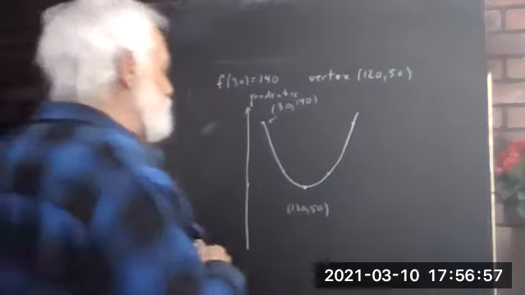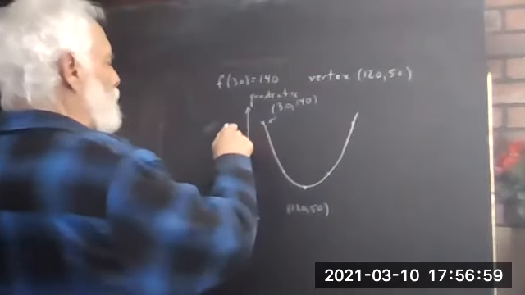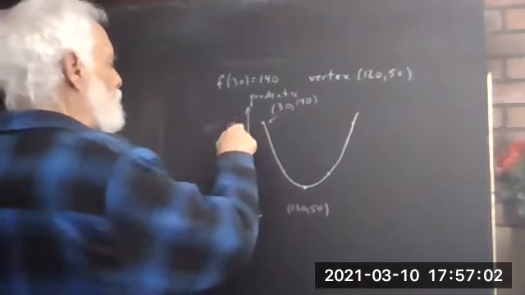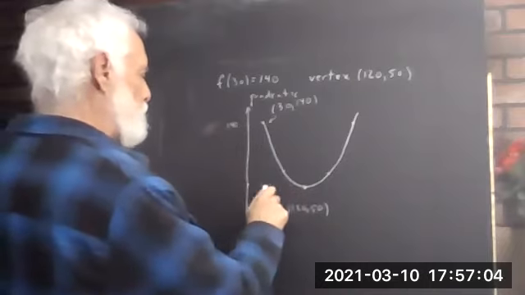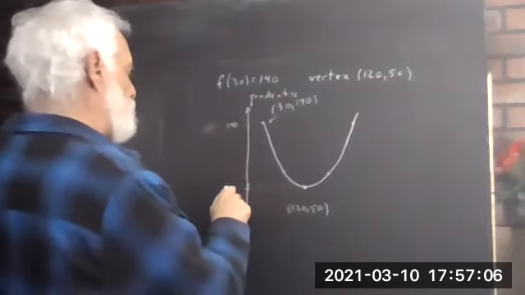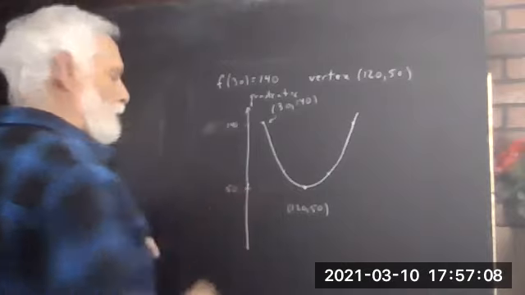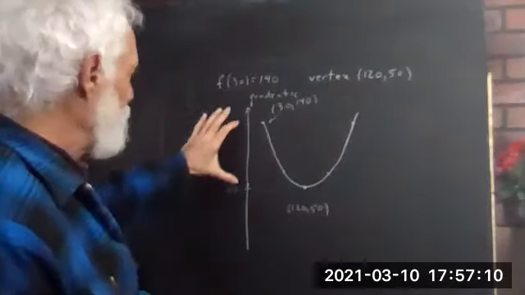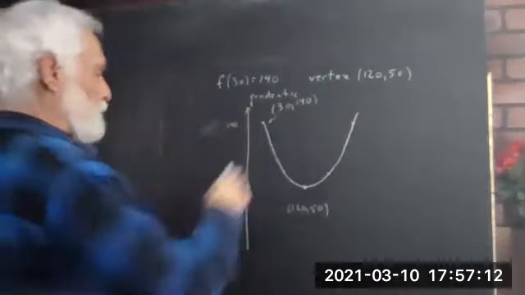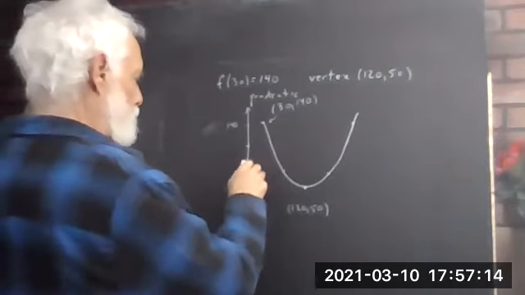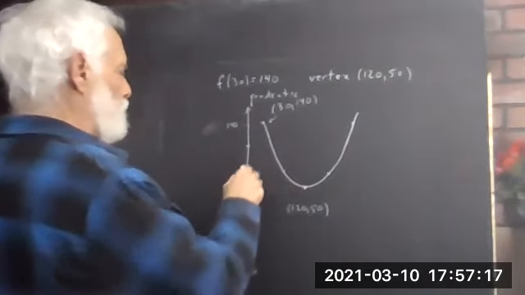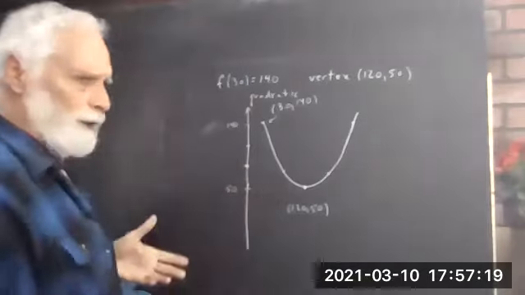I could say, okay, this is 140. This is 50. Now that's 90 units from here to here. So I can try to divide this into thirds, which is a little harder than subdividing into halves.